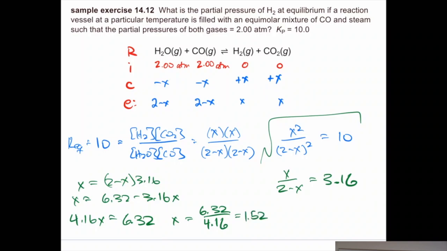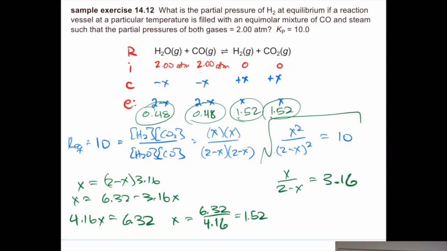So now we know what the equilibrium concentrations are. 2 minus, let's just say 1.52 for the ease of getting through this one. So these are 1.52, 1.52, and then 2 minus that is 0.48, and this is 0.48. Those should be the equilibrium concentrations.